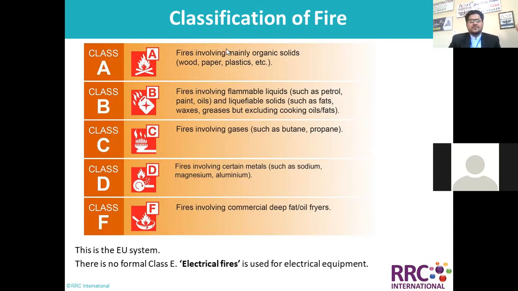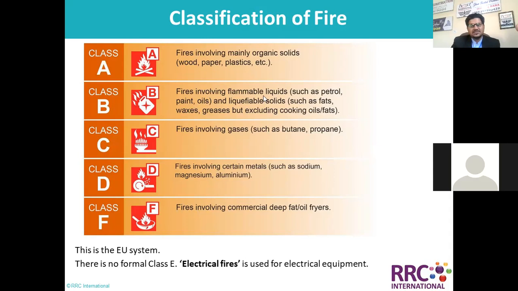Okay, so classification of fire is A, B, C, D, F. We can't fight fire until we understand the classes, and we can't decide which extinguisher to use if we don't understand the class of fire. That is why we have to remember this. Class A is fire involving mainly organic solids like wood, paper, plastic.